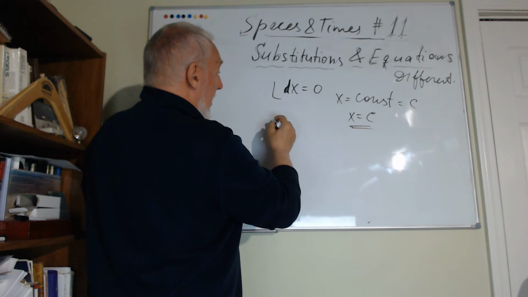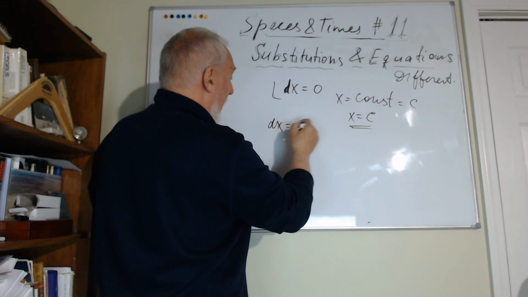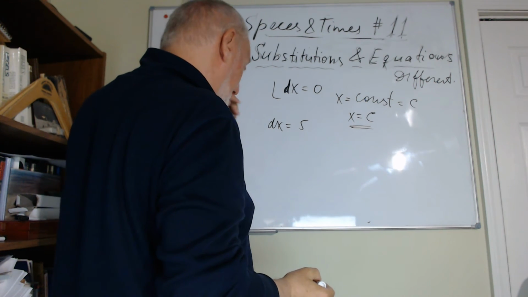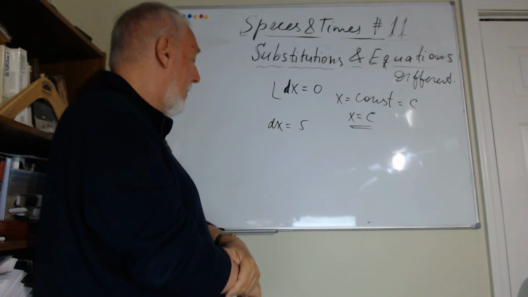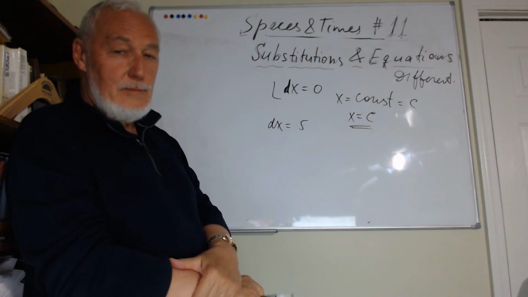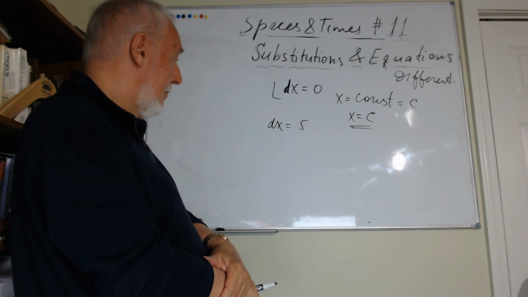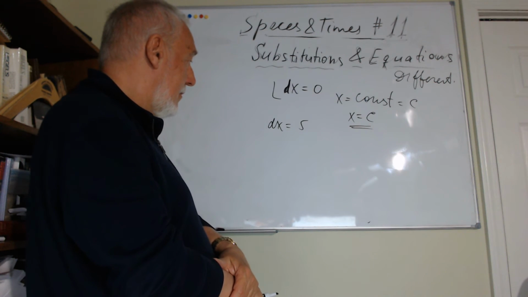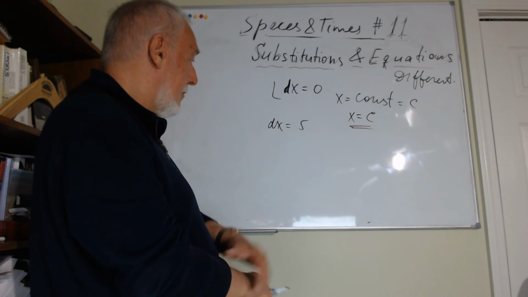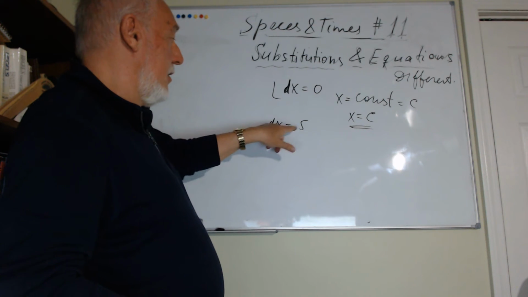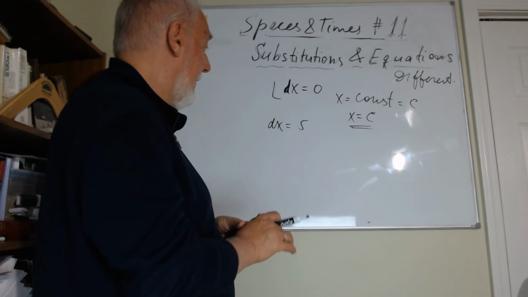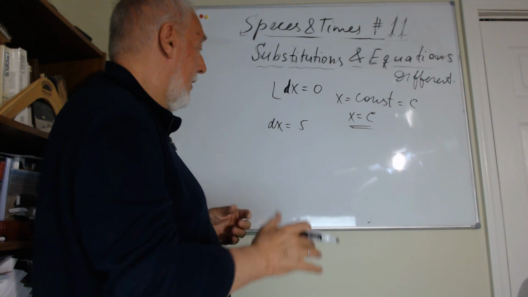Now let's try something else. dx equals 5. We need to find a function x whose derivative is 5, right? But what's the function that you use?